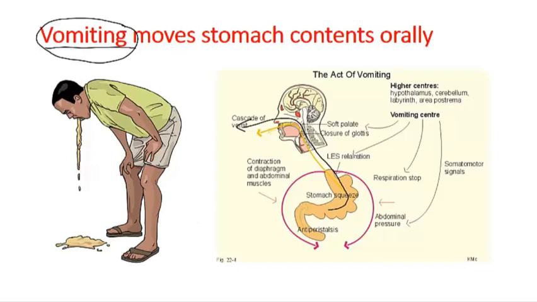And this vomiting reflex can be stimulated by multiple factors. It could be excessive stretching of the stomach, which depends on physical activities as well as some emotional activities. Abnormal vestibular stimulation like seasickness. It could be urogenital pain, like testicular pain.